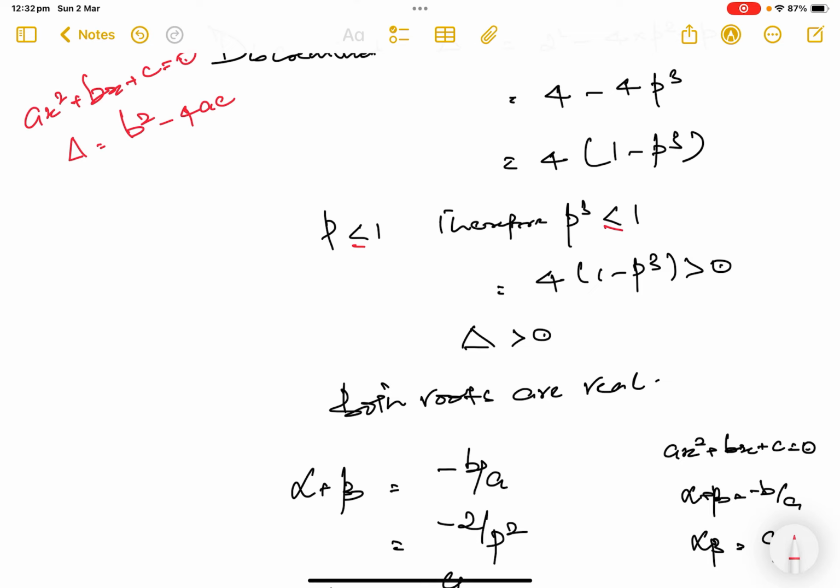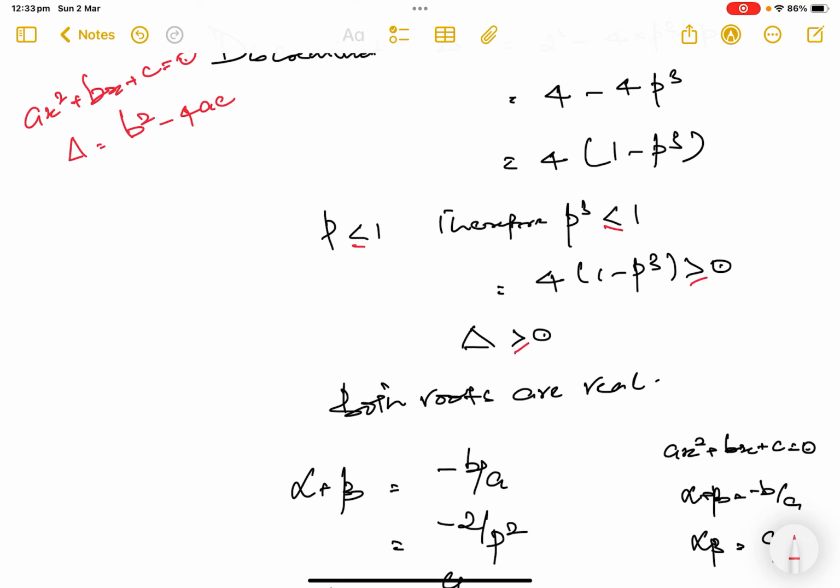In case p cubed is less than 1, then 1 minus p cubed is positive, therefore 4 times a positive is positive. But if p happens to be 1, then 1 minus 1 is 0, so the discriminant is 0.